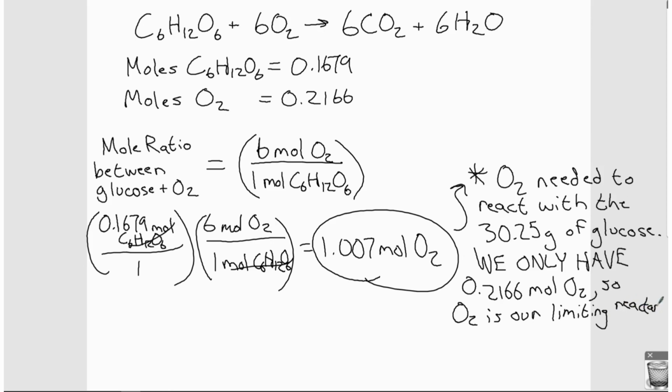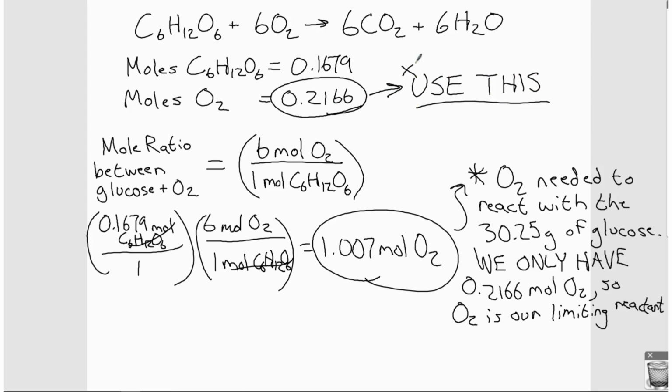So if we base our calculations off of the moles of oxygen, we will get the amount of products that we're supposed to form. If we base our stoichiometry calculations off of the moles of glucose, we will get an overestimate of the products that will be formed.